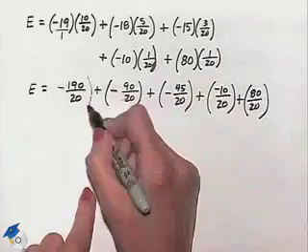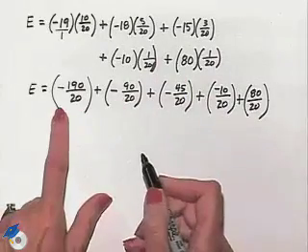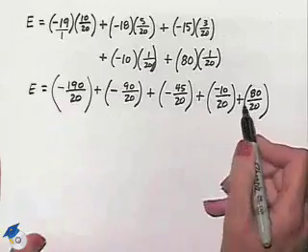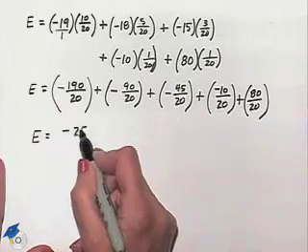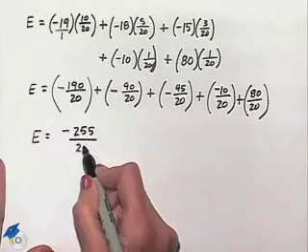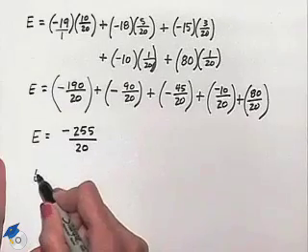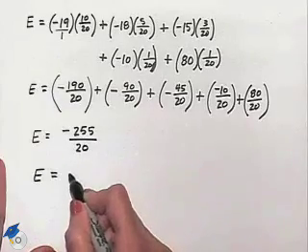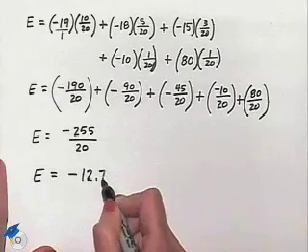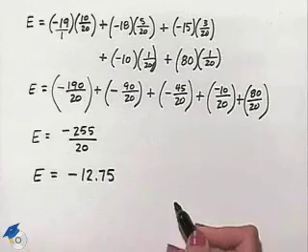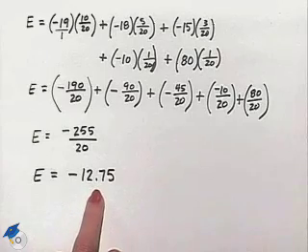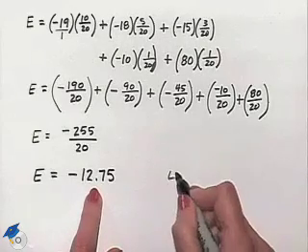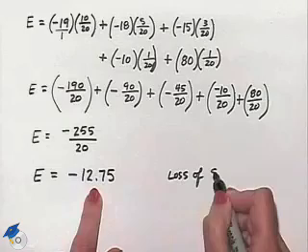So we have 5 different fractions, all with the same denominators, so we can combine numerators, and when we do so, we come up with a negative 255 over our common denominator of 20, and so we end up with our expected value equal to a minus 12.75.